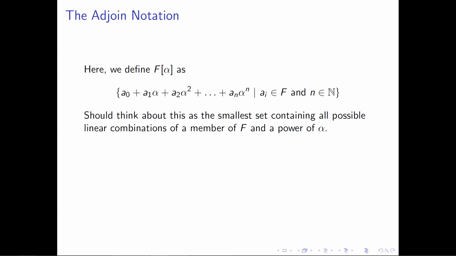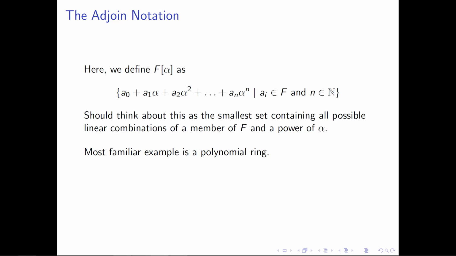So what I really need to do is consider all these different powers of the element alpha, and then all of the different ways that I could combine those powers of alpha, either by multiplication or by addition, with the elements of F that I already have. And so this is what leads us into this definition of the set F adjoined alpha.